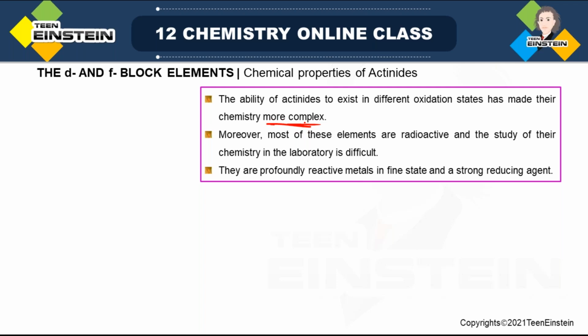So in the case of lanthanides, we have seen different chemical properties, and we have also expressed them in a general expression using Ln, right? That means there is great similarity in their chemical properties. But in this case, it is very complex, not so simple like lanthanides.